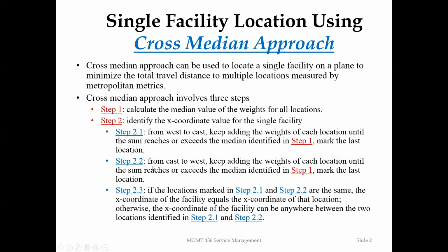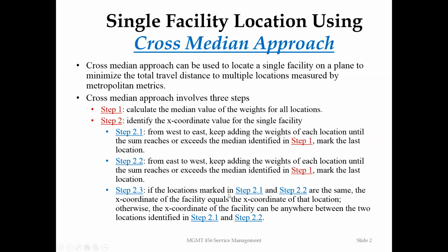Step 2.2 is very similar, but the direction is different. We go from east to west, the opposite. Going from east to west, we keep adding the weights of each location until the total reaches or exceeds the median value identified in step 1, then we mark the last location. So by doing 2.1 and 2.2, we basically mark 2 locations. Then we do step 2.3.